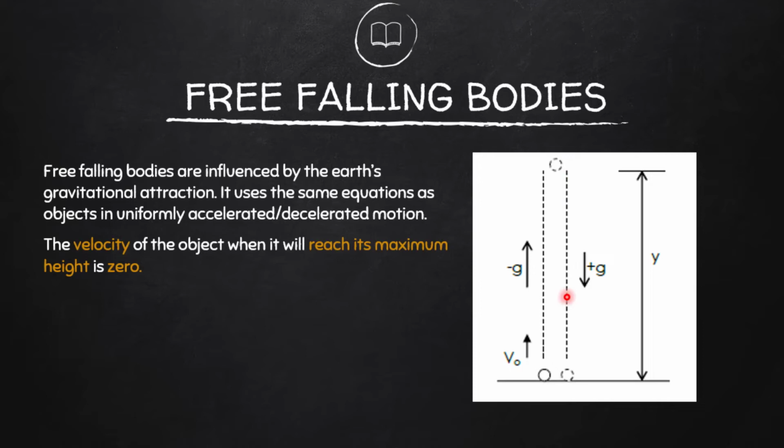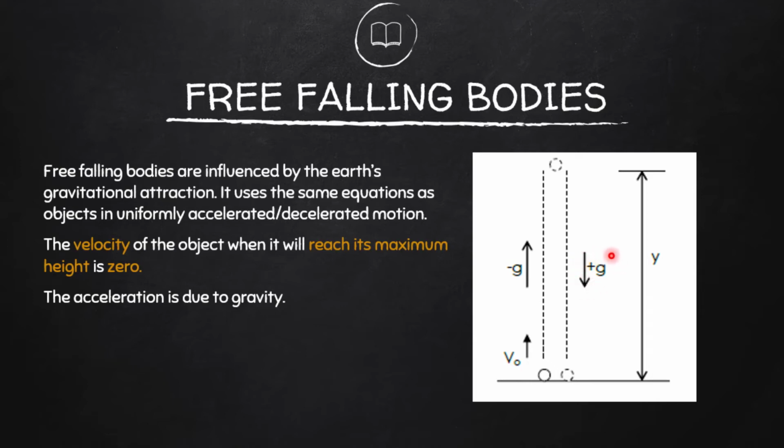And when it falls back to the ground, or to any time interval that we are considering, it will accelerate by that time. So the acceleration is always due to gravity, acceleration or deceleration. When the object is going up, we are considering deceleration because it is decreasing its velocity.